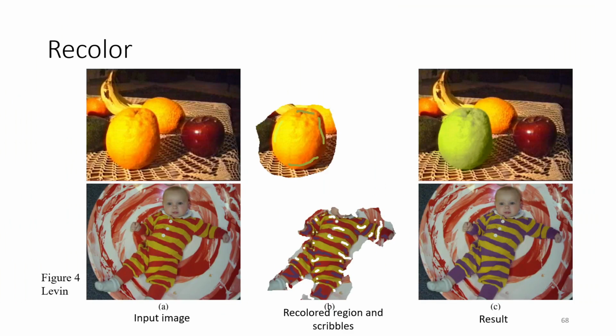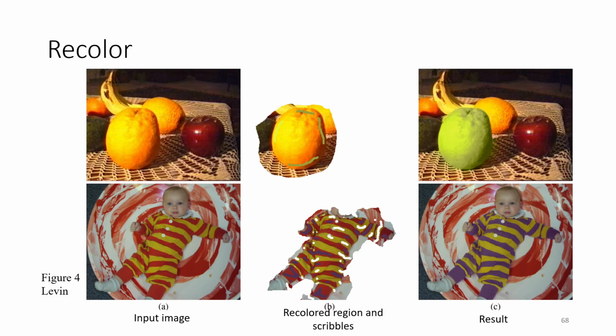And let's see, this is the application of the colorization by optimization. It means recolor. Given an image, the author can select a region he or she wants to change the color of, and keep the remaining regions the same, and add some scribbles here, so the color goes from orange to green.